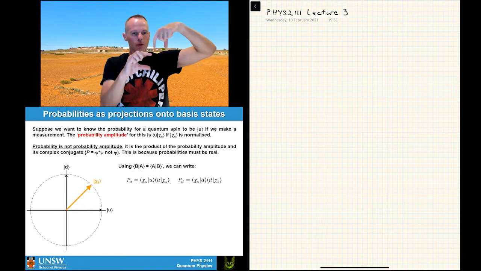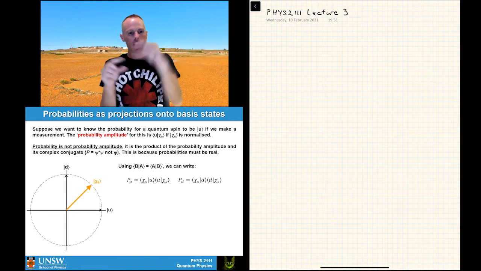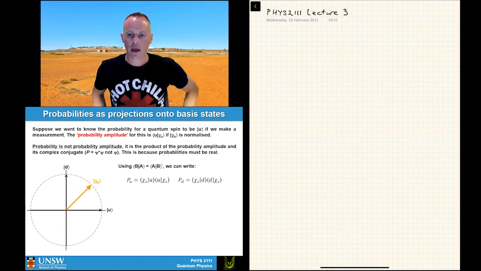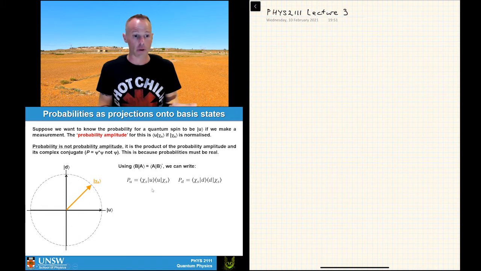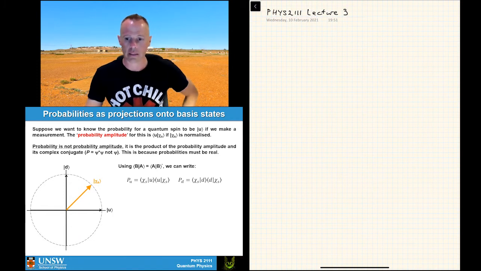If you've got a two-element row vector and a two-element column vector, when you multiply these two things, they become a 2 by 2 matrix, okay? So this thing in the middle here becomes a matrix, which is what we call an operator in quantum mechanics, and I'll talk about that next lecture, okay?